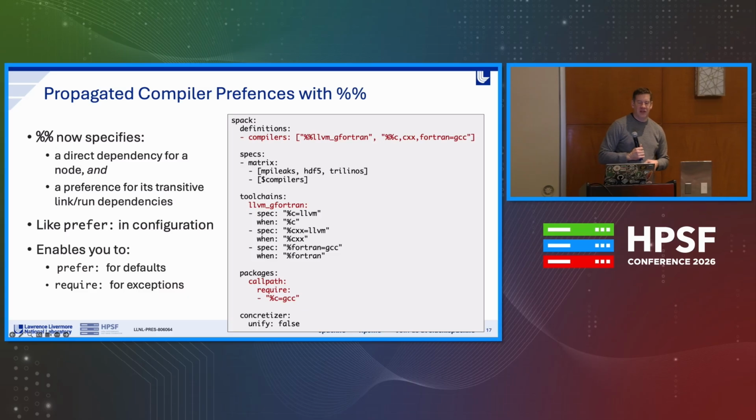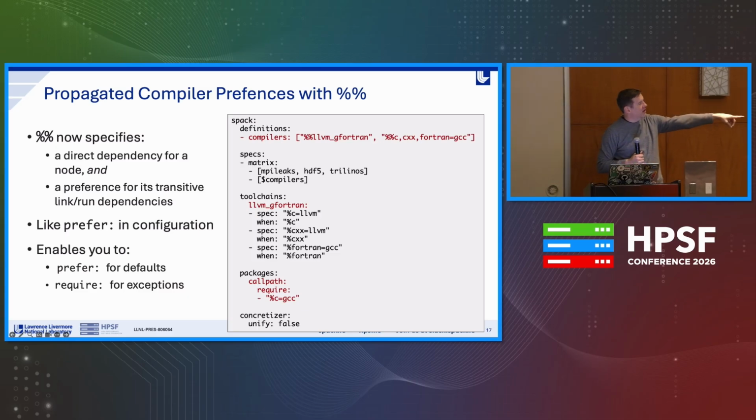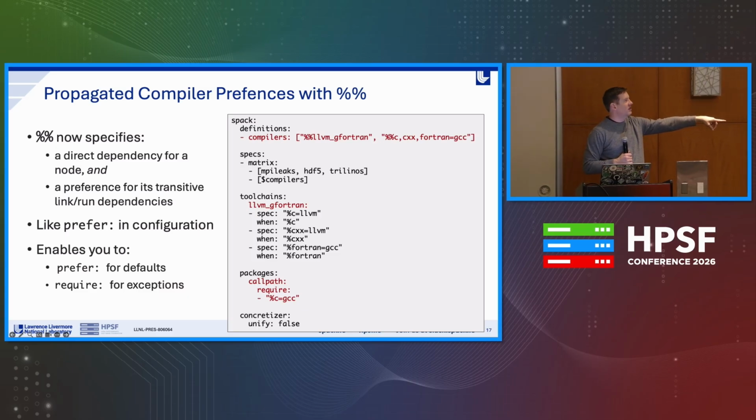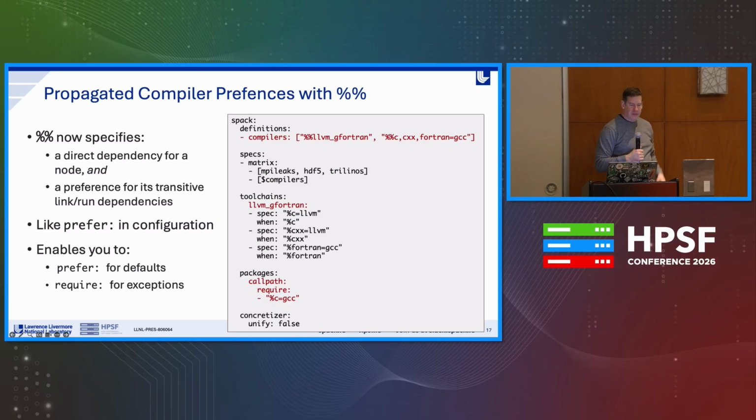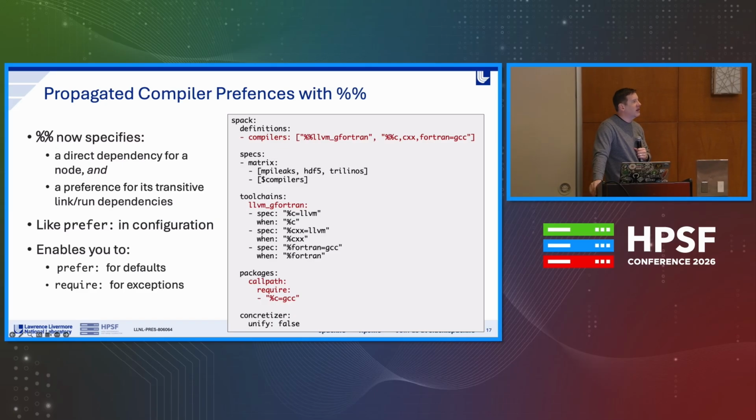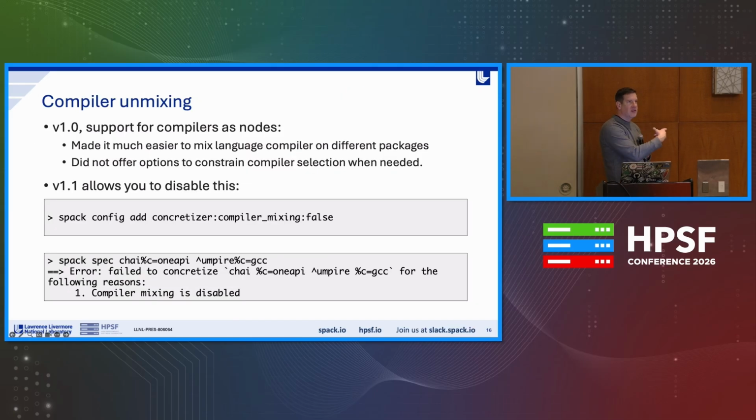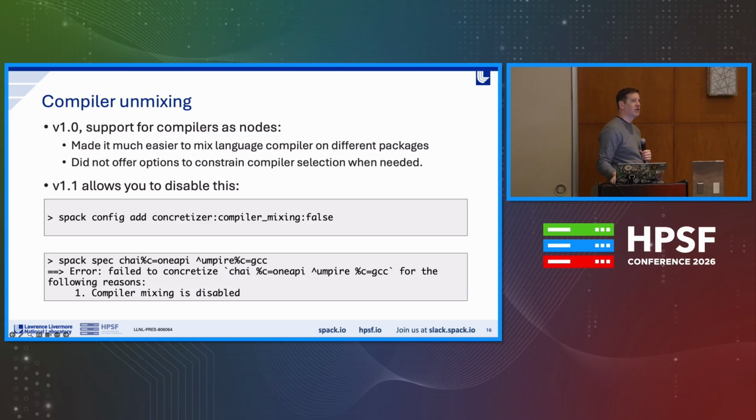So for callpath down there, you can say that it gets C=gcc, but other things in this graph are going to get the mixed Clang, gfortran, the LLVM build. Sorry. You can also specify exceptions for compiler unmixing. So if you use this instead, you can specify in config that particular compilers ought to be accepted from this rule, or particular packages should be accepted from this rule. So anyway, you have a lot of control.